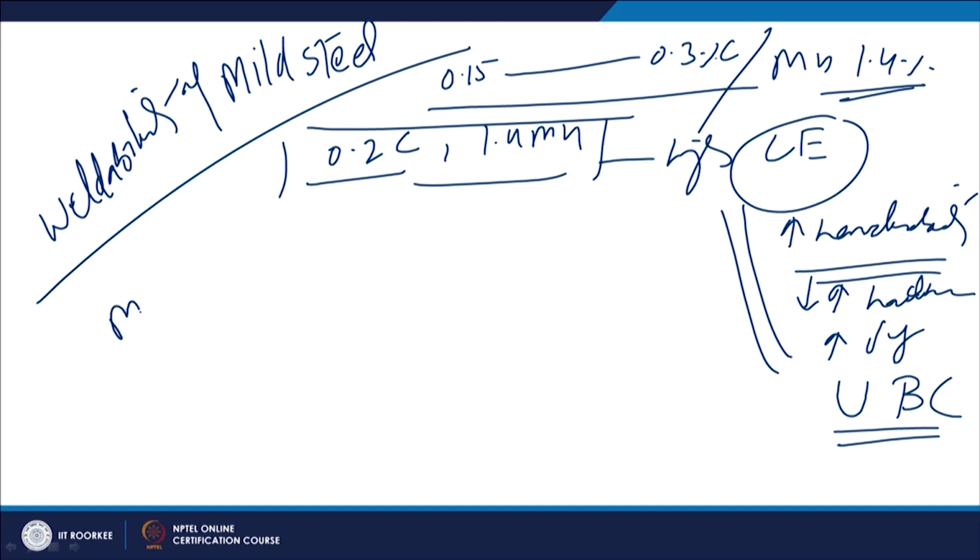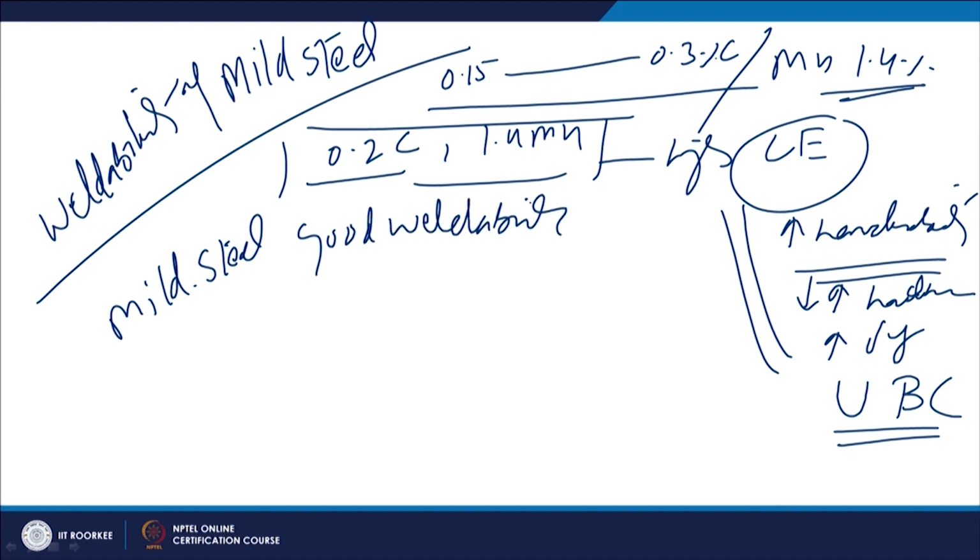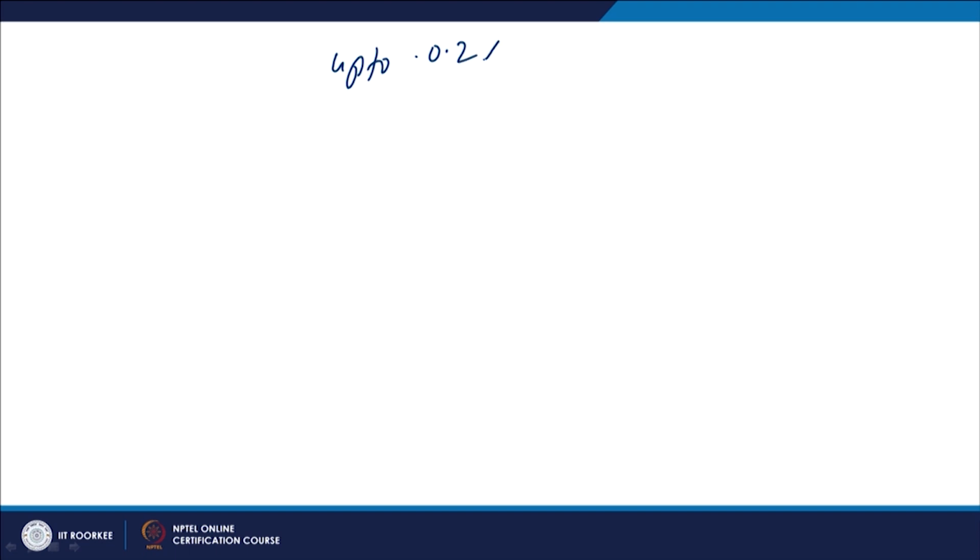Otherwise, the mild steels offer good weldability. So, we will talk in detail about the various weldability related aspects of the mild steel. Normally, up to 0.2% carbon and 1% manganese, 25 thickness, no restraint during the welding.